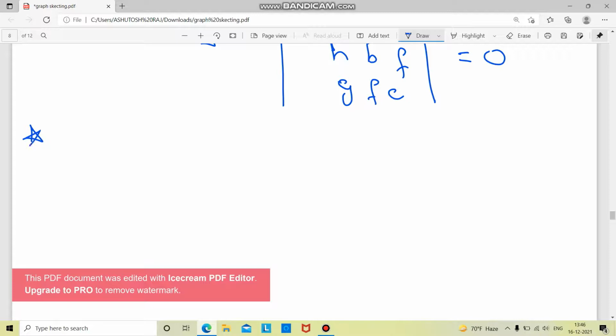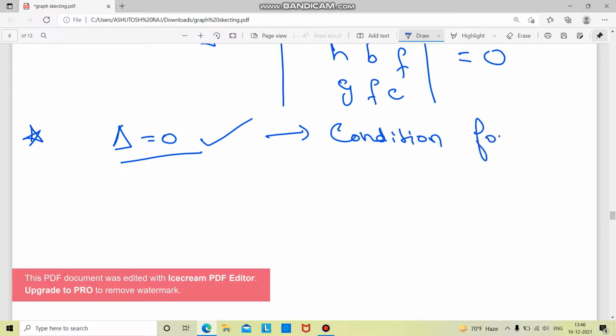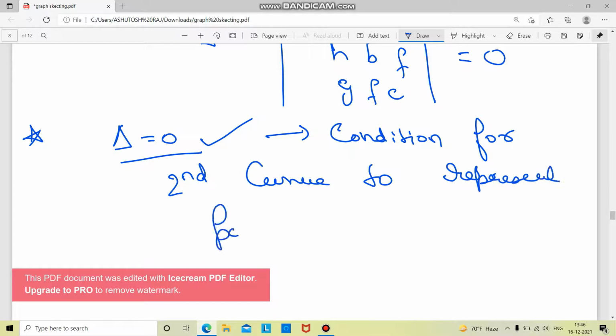One thing more, this delta equal to 0 is also the condition for a second degree curve to represent a pair of straight lines.